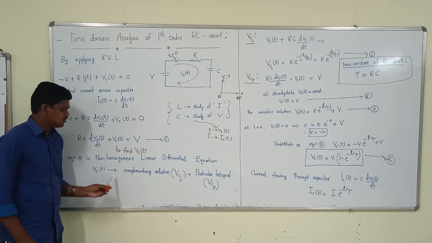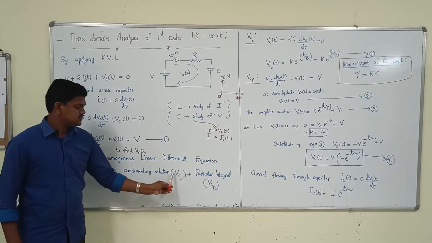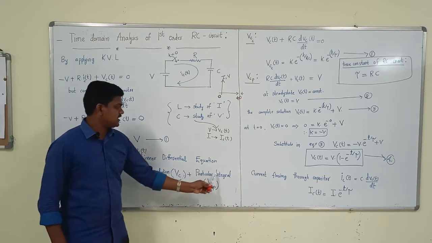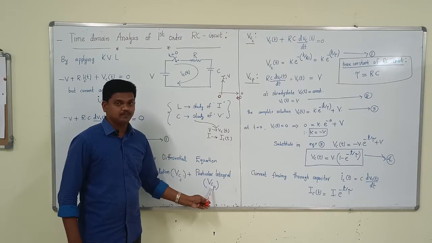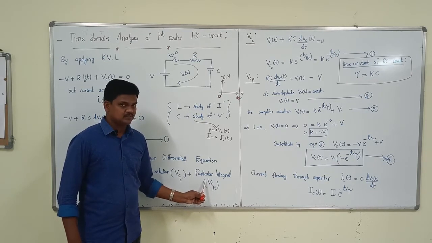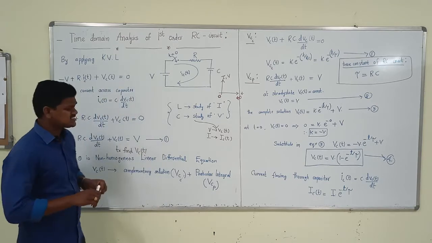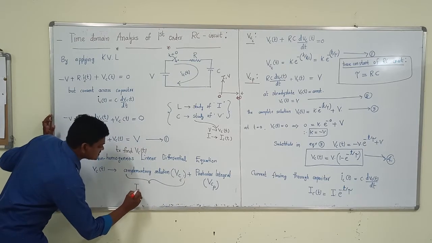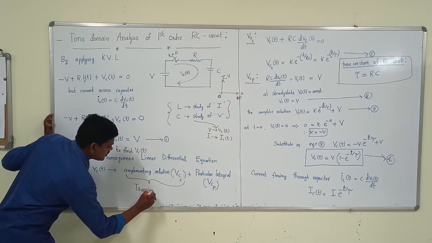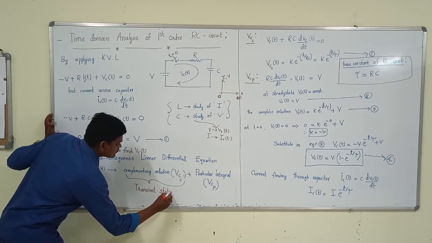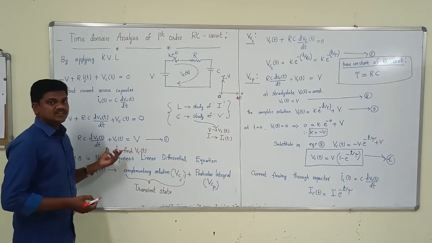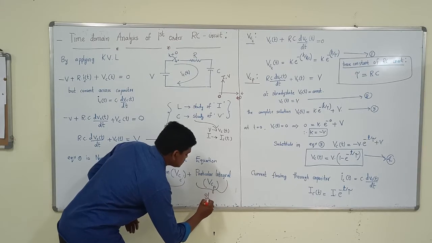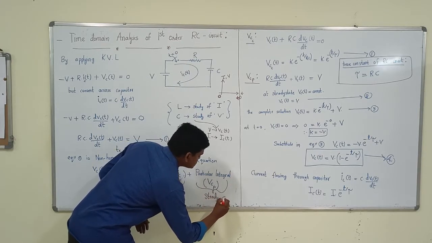there are two solutions. The first solution is the complementary solution, that means Vcc, the complementary solution of the voltage across the capacitor. The second is the particular integral Vcp, that means the voltage across the capacitor for the particular solution. We already discussed in the RL circuit that the complementary solution gives the information regarding the transient state: how the capacitor voltage and capacitor current vary with time. The particular solution is regarding steady state, which means it becomes a constant value.